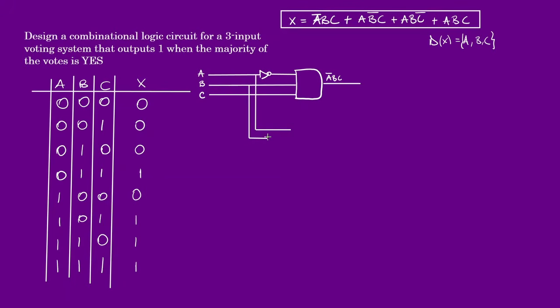We'll do that straight up so we don't forget when the time comes. And then C. So we're going to AND these. And this output is going to be A, not B, C. So you can see it's really cute stuff.